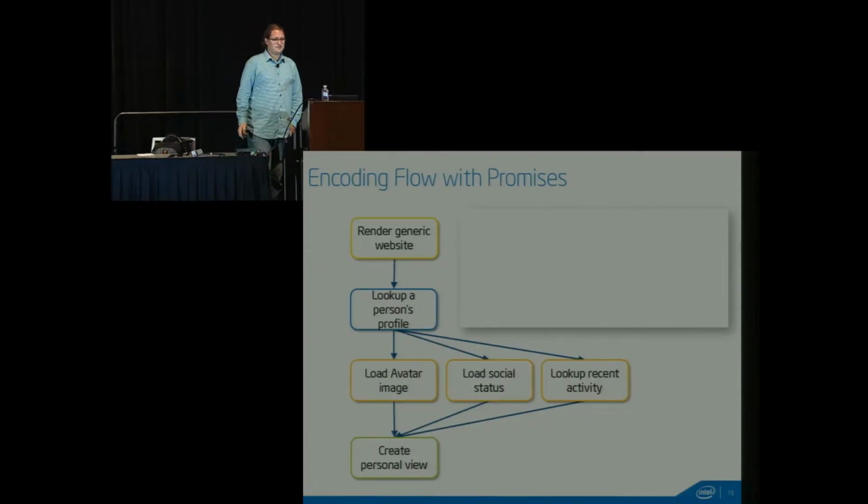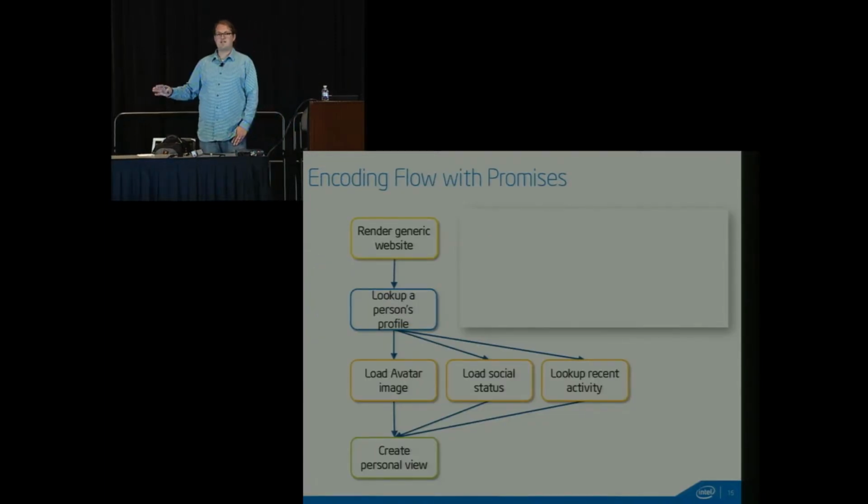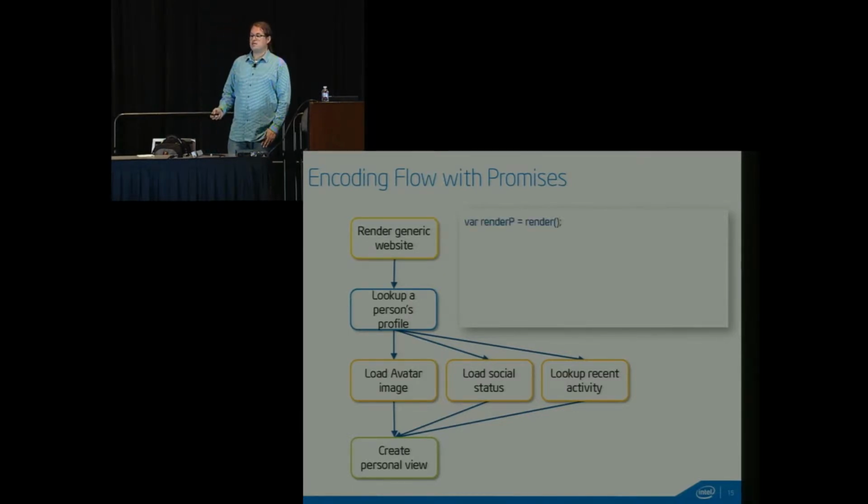So let's look at the example. Now, promise style. Right? So the basic graph stays exactly the same because your application hasn't changed. The interesting part is, how do I encode this? And I can now just write this graph in code. So I start with my render promise. I call this method render, which renders my generic website. And it returns to me a promise, an object that encodes the state of this rendering operation.